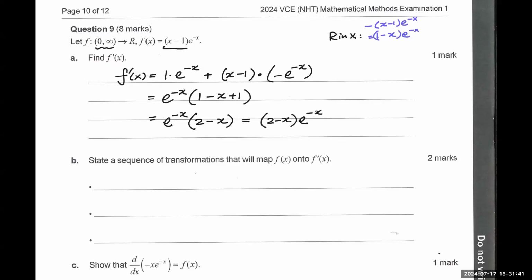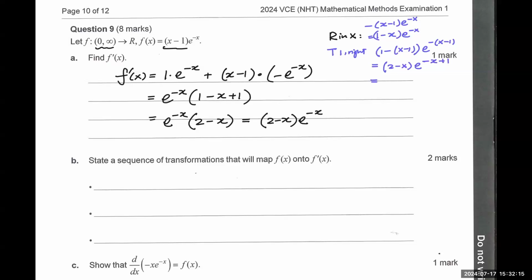And then can I do a translation? Because I need to make a 2 here, 2 minus x. Translation, 1 unit right. That would be 1 minus x minus 1, e to the power minus x minus 1. And that actually gives me 2 minus x e to the power minus x plus 1. But it's not quite just e to the power minus x.